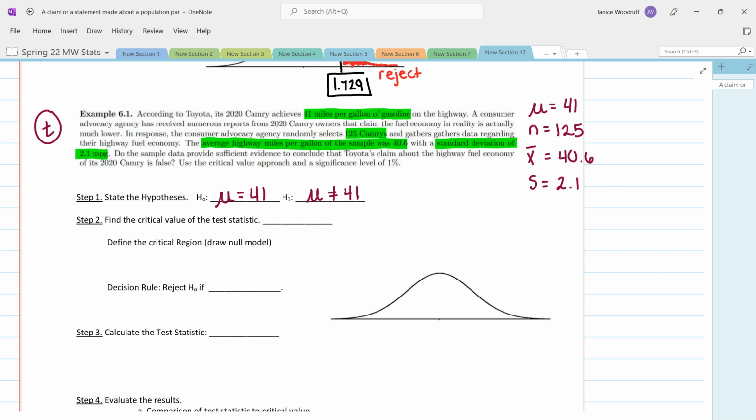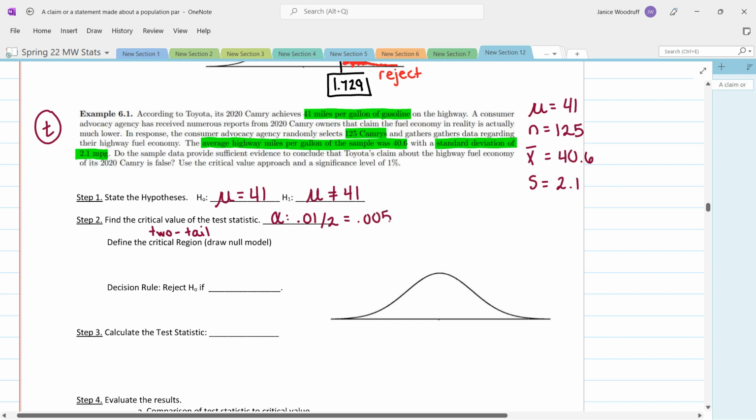Now we want to find the critical value. So that's your T value. So it's two-tail. Okay, it's two-tail with a significance level of 1%. So if the alpha, that's your significance level, is 0.01, but it's two-tailed, we have to take that and divide it by 2. So 0.01 divided by 2 is 0.005. Okay, this is also a T, so we do need a degrees of freedom. The degrees of freedom, what would that be in this case? 124.